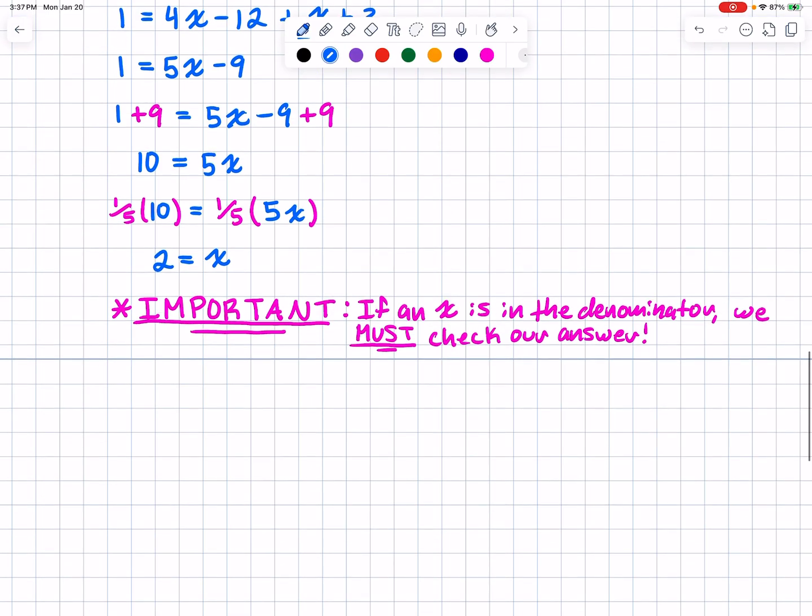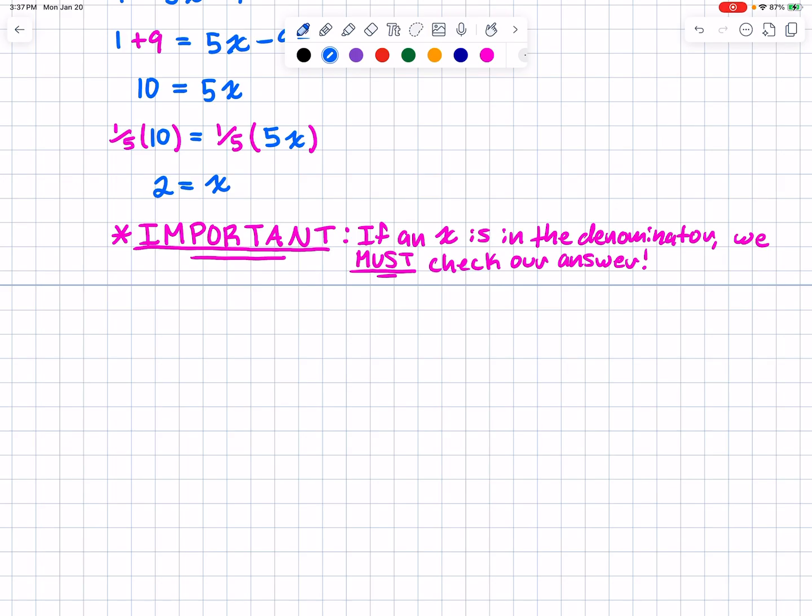So, how do we do that? We're just going to check. We're going to plug it back in and see if it gives us any weird business going on. So we're going to check it. So I'm just going to go 1 over, plug it in, 2 squared minus 9. Does that equal 4 over 2 plus 3 plus 1 over 2 minus 3?